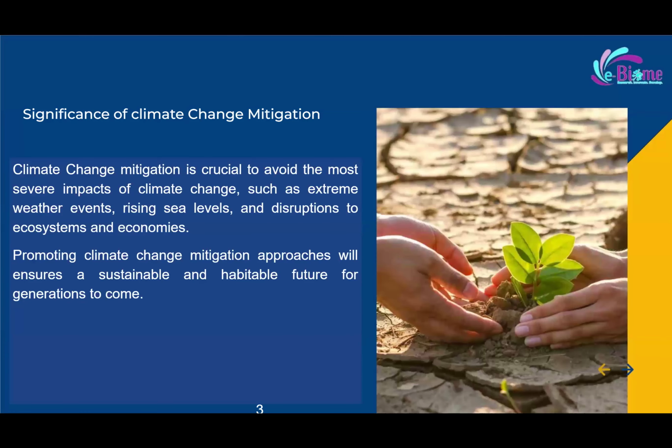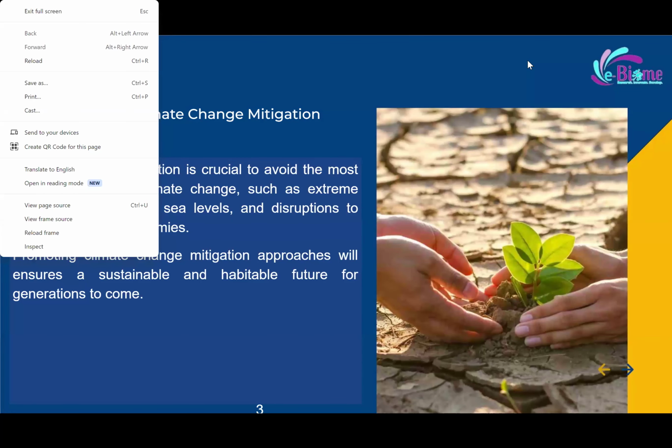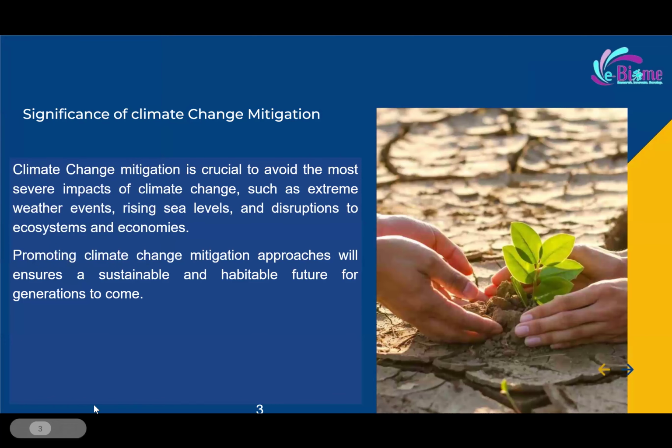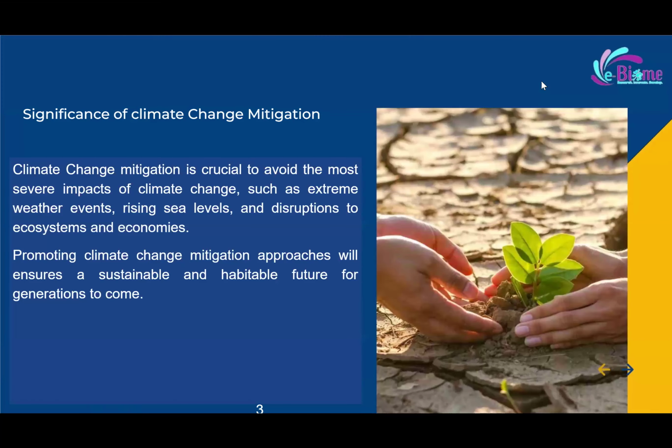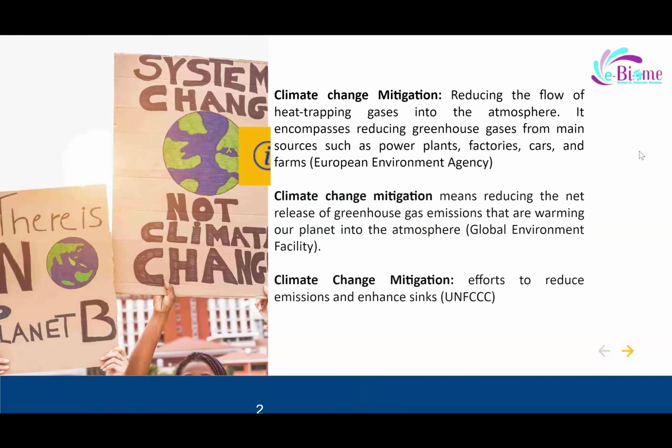Someone may ask, what is climate change mitigation? And I'm sure we've all heard of climate change before. At least if you are not a professional in that particular sector, you've heard it one way or the other.